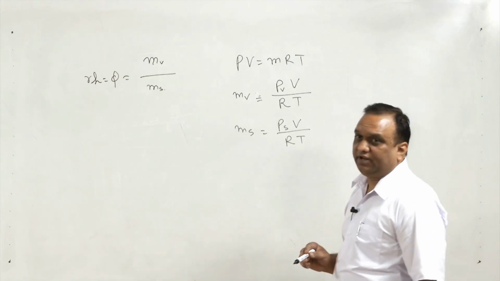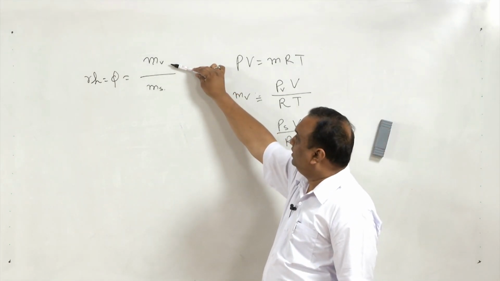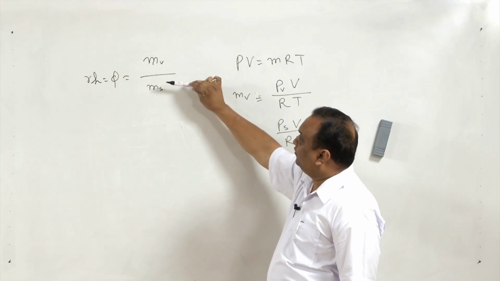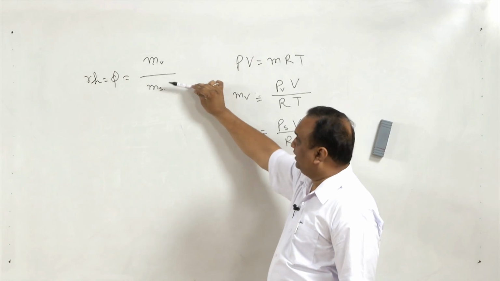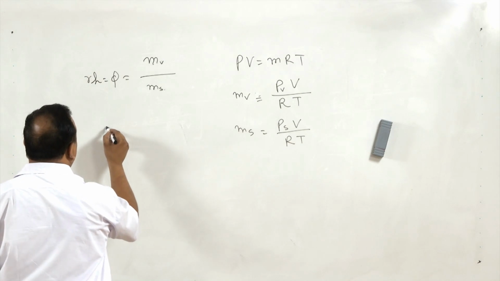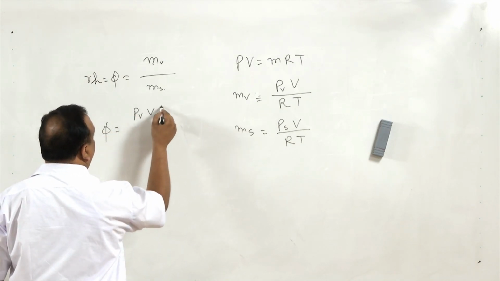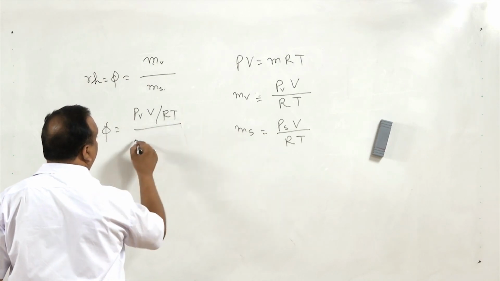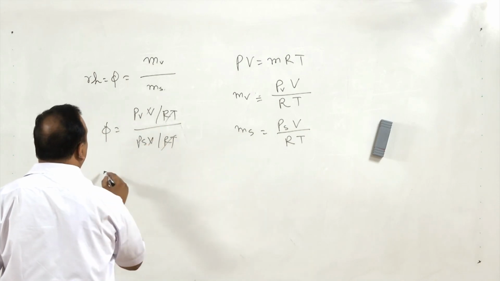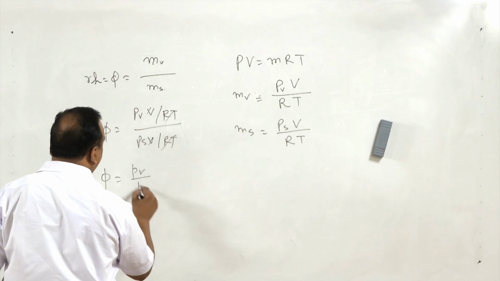So, at the same temperature, mass of the vapor present in a sample of a given volume and mass of the vapor in a given volume for the saturation at the same temperature. So, if I put these values here, then phi is equal to PVV by RT divided by PSV over RT, then these will be cancelled out and relative humidity is PV by PS.